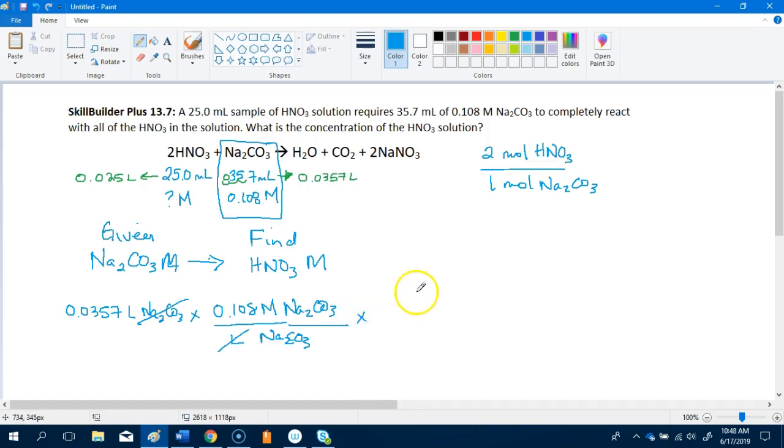Next, I'm going to multiply, because this is really moles. The whole thing is the molarity, so 0.108 moles per liter of Na2CO3. Then, what I now need to use is my ratios, and I'm going to leave it as 2 to 1 because that's going to cancel out my sodium carbonates, and will leave me now with HNO3, which is what I'm trying to find, the concentration of HNO3.